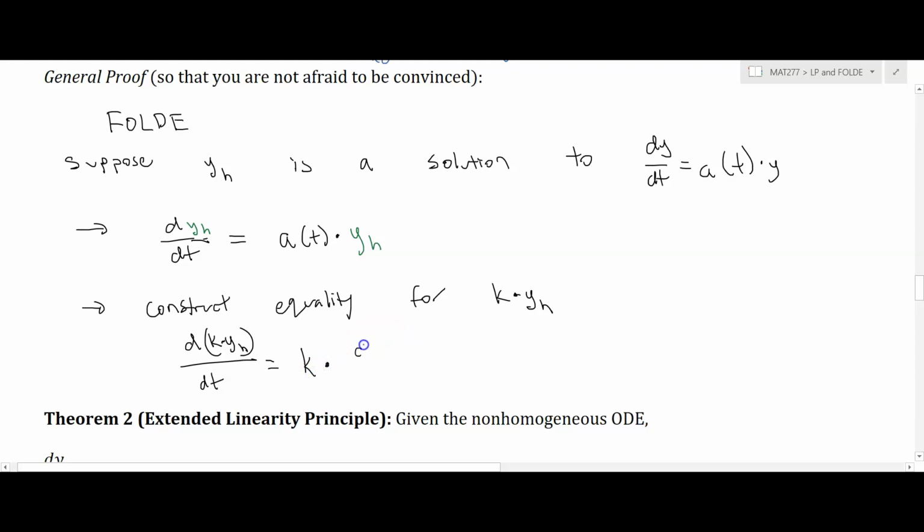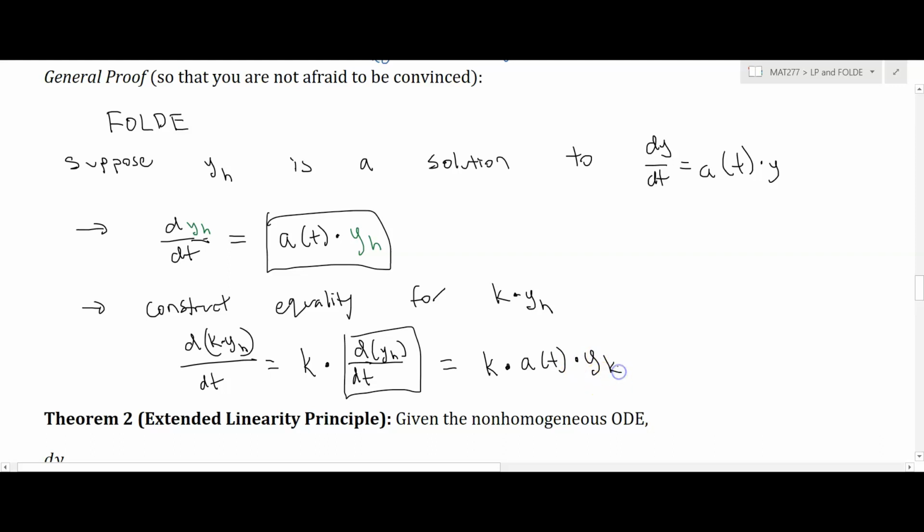So k times the derivative with respect to t of y sub h. Okay? And now I know that the derivative of y sub h with respect to t, this whole thing by equality is equal to this whole thing. So this leaves me with k times a of t times y sub h.